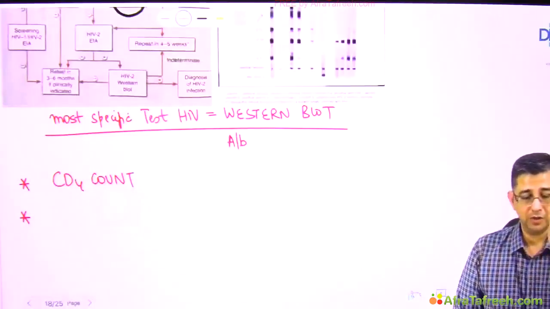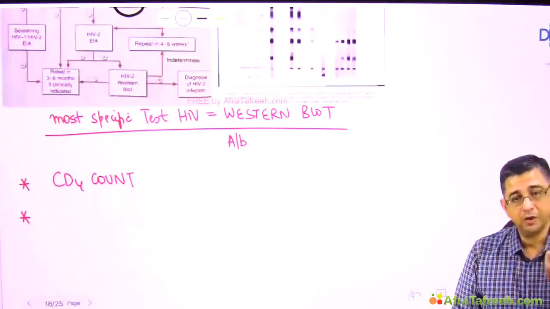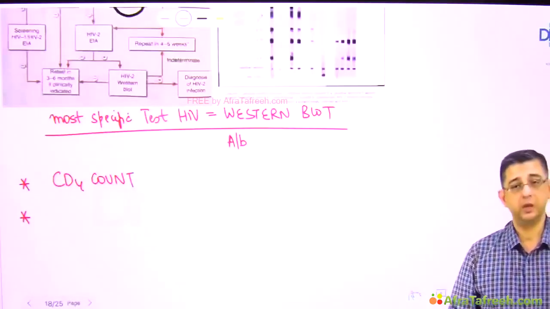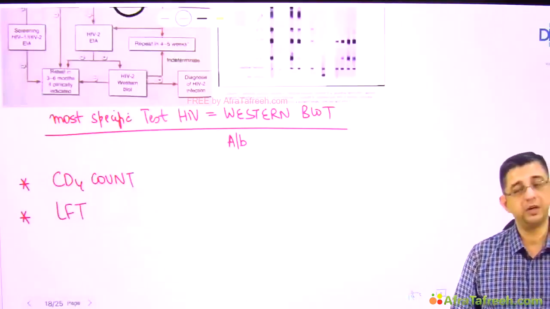So the objective is good health of an individual. You let him suffer and then say, okay, I'm going to treat you. It's better to actually prevent all these manifestations from occurring in a patient. So most of the time, with the help of CD4 count, we will definitely know the progression of the disease.